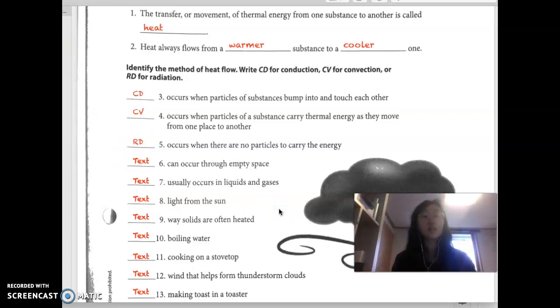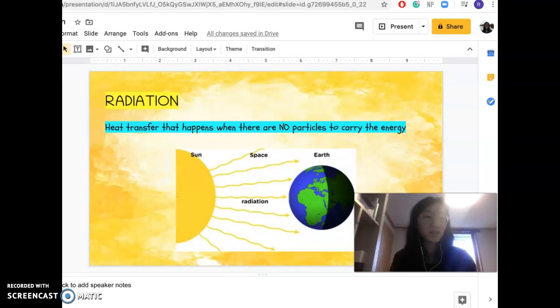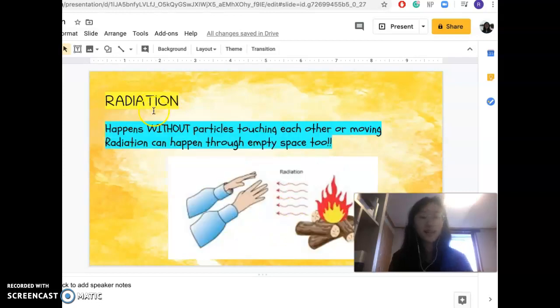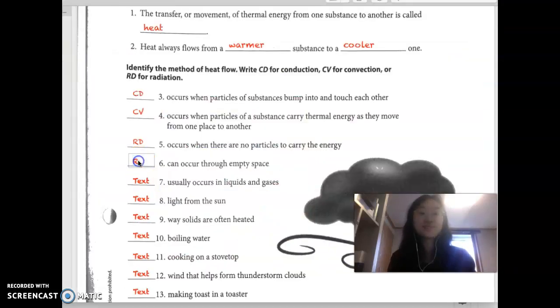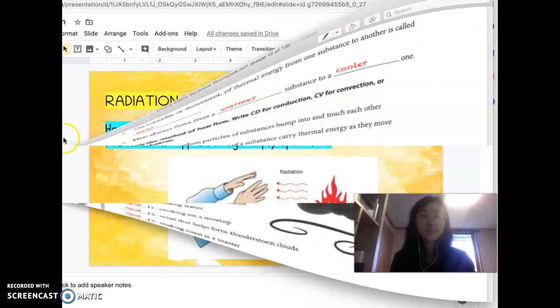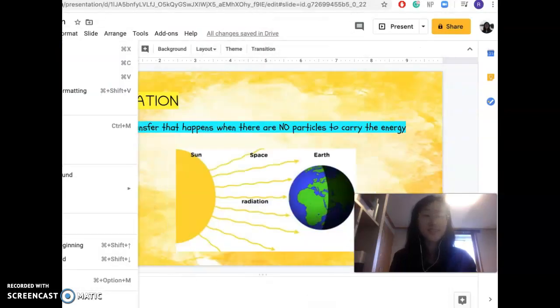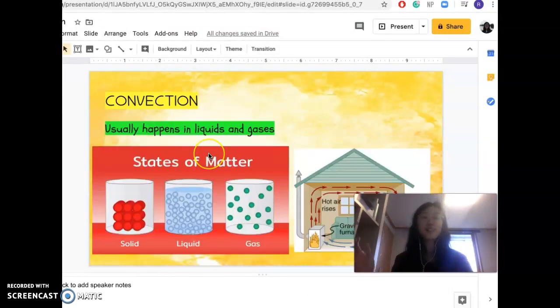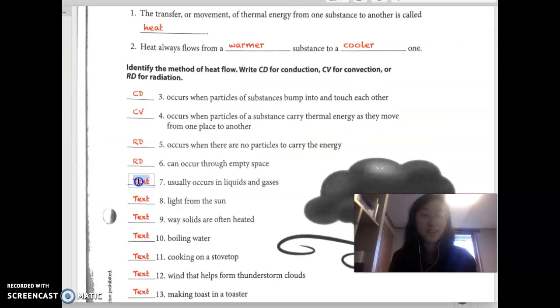Number 6, can occur through empty space. So for example, if you're warming yourself by the campfire, you're feeling the heat through this empty space. What example is that? Aha, radiation. Number 7, usually occurs in liquids and gases. What is that? Convection. Great job, guys. You guys are killing it.